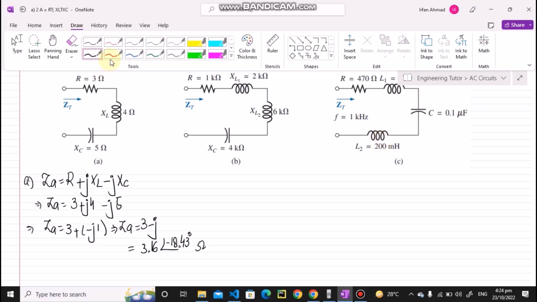From it you can very clearly see that this is the rectangular form, while this one is the polar form.